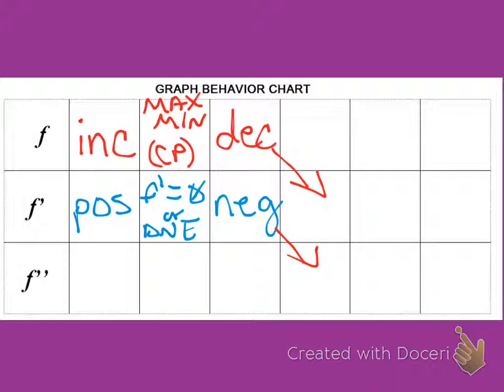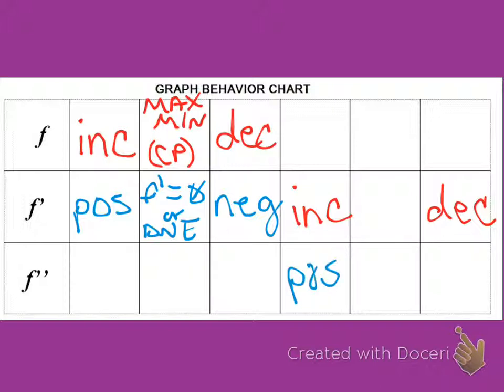and there's the same relationship between f prime and f double prime. What do I mean by that? I mean that where f prime is increasing and decreasing, then in the graph of the second derivative, this is positive and that's negative.